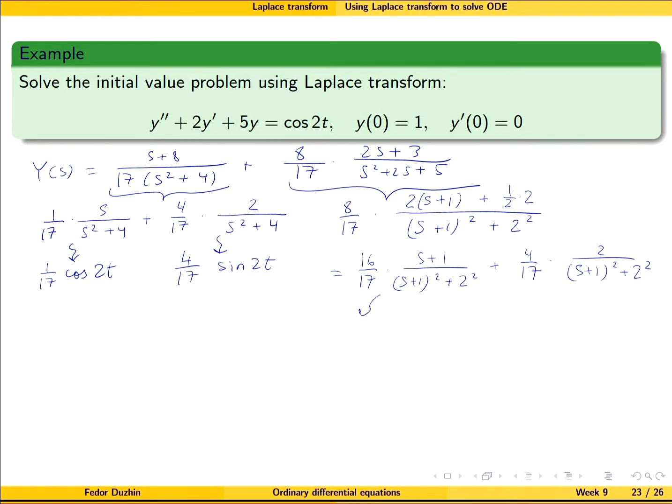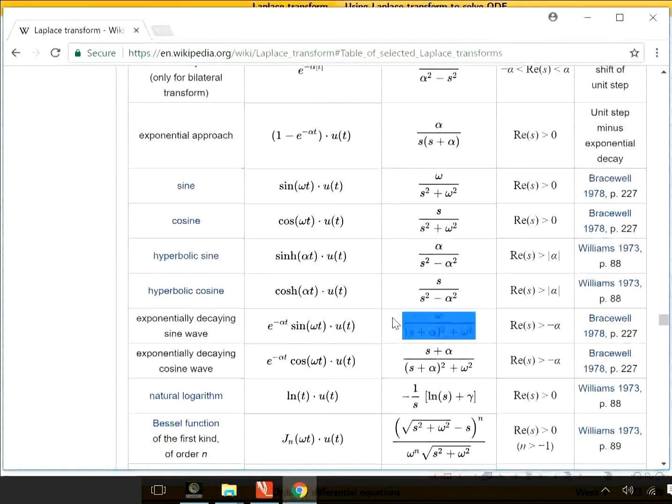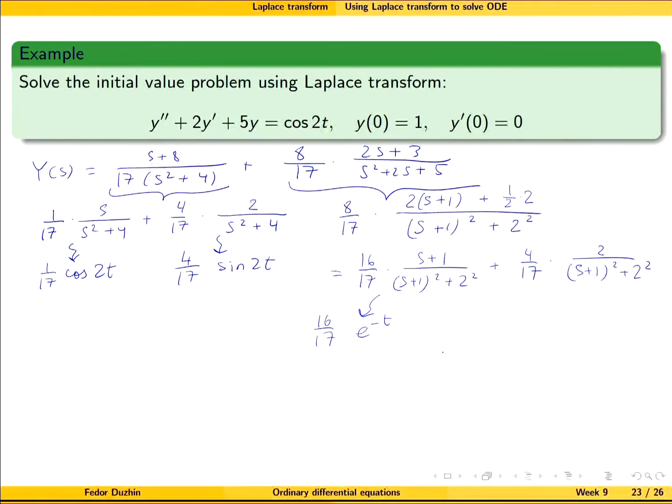And this is 16 over 17. Then s plus 1 gives us e to the minus t. Then this term is, I think it's cosine. Yeah, we have s plus alpha, so this is cosine. This is cosine of 2t plus 4 over 17. And this is still e to the minus t sine 2t.